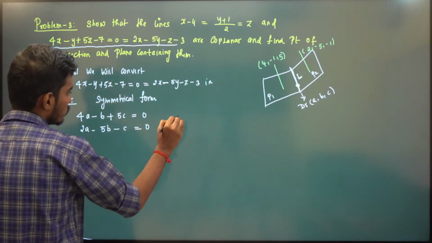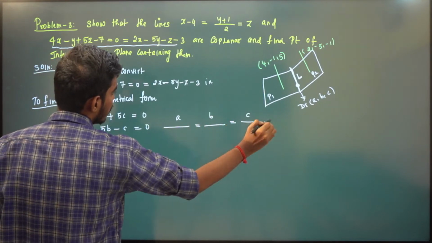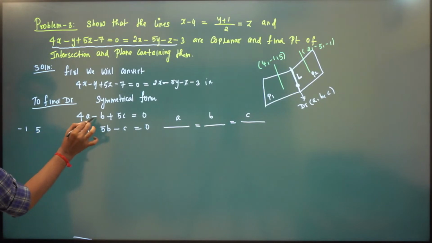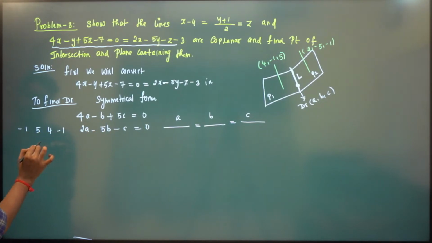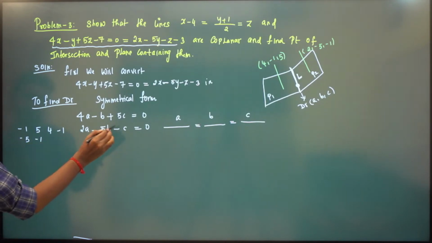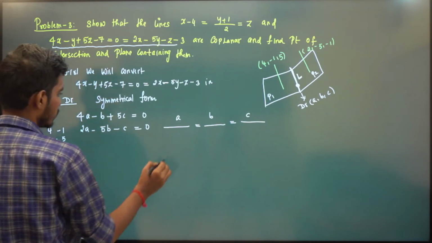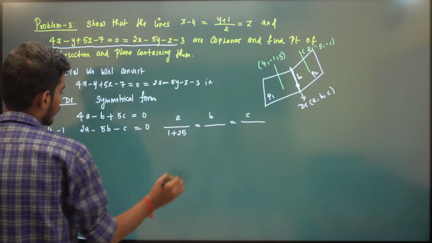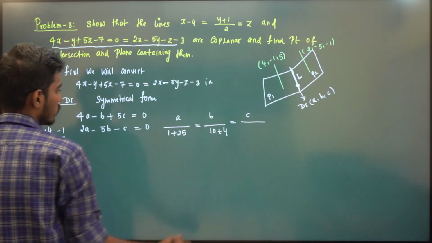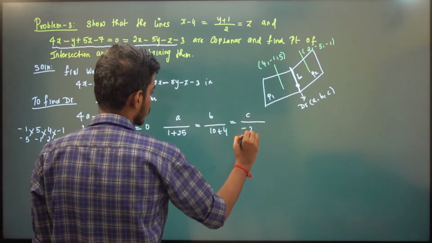So we have a divided by (minus 1, 5; minus 5, minus 1), b divided by (5, 4; minus 1, 2), c divided by (4, minus 1; 2, minus 5). So 1 plus 25, 10 plus 4, minus 20 plus 2.